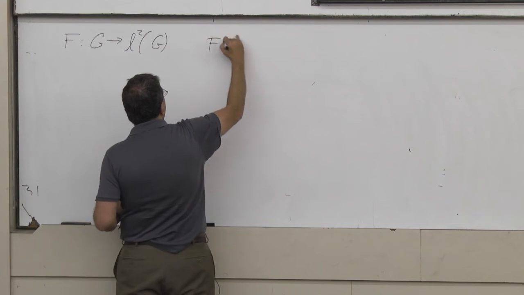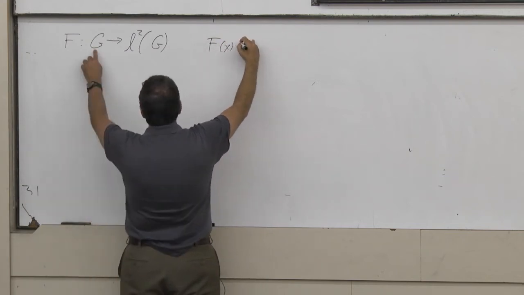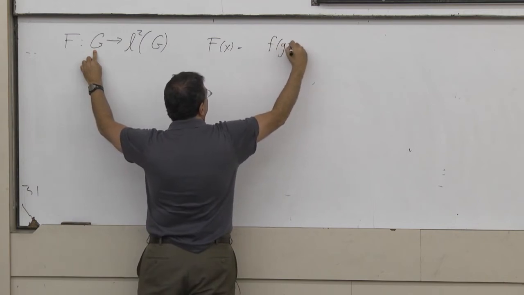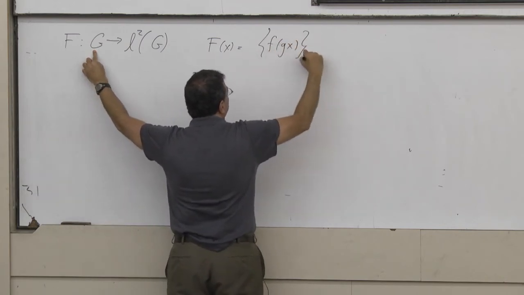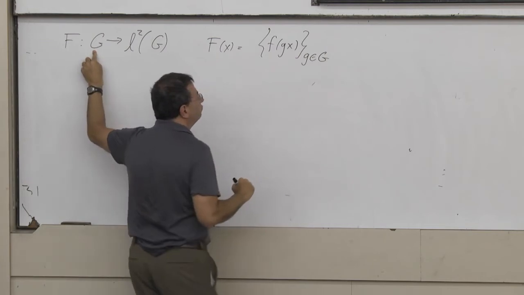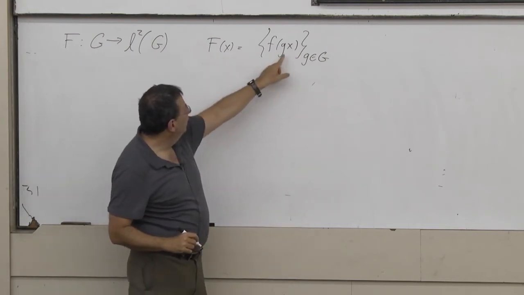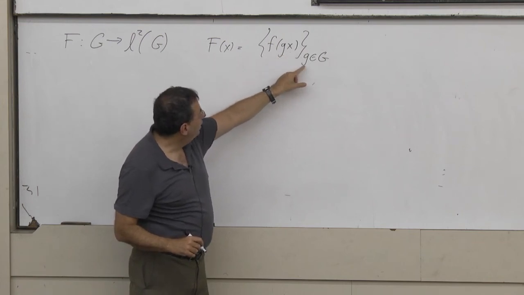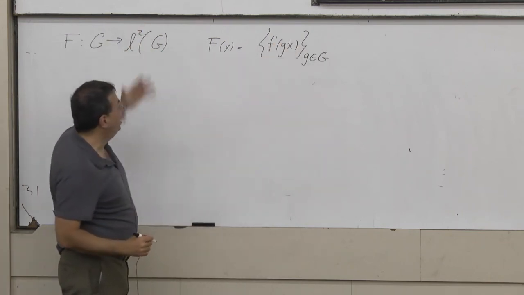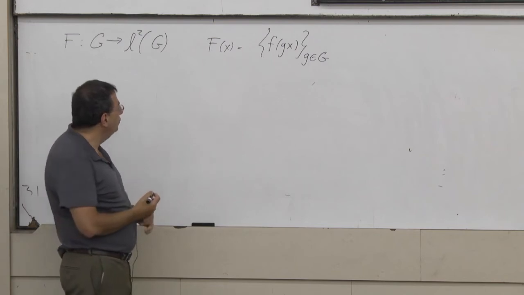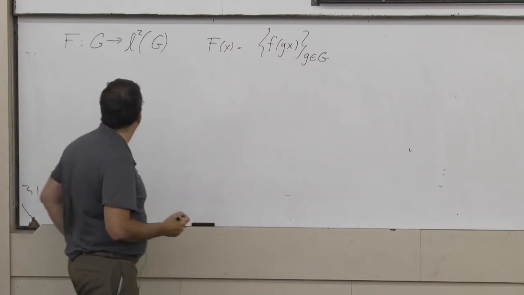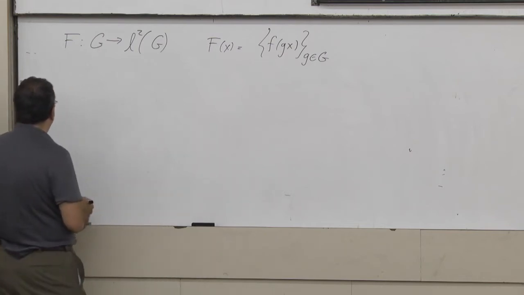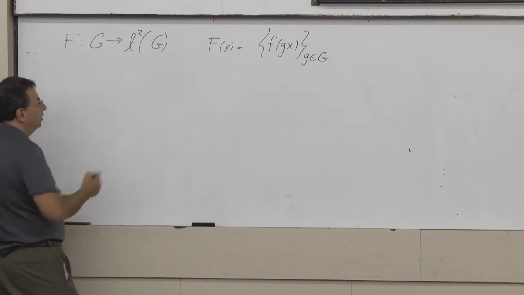In other words, for x an element of G, F of x will be the vector little f of gx as g runs over G. So for every element x, I take little f of gx, and as I run over G, I get a vector in the space L2 of G. Okay, so this is capital F.